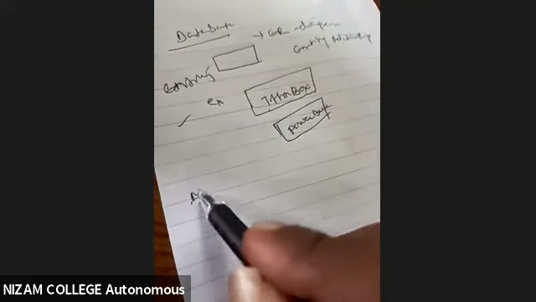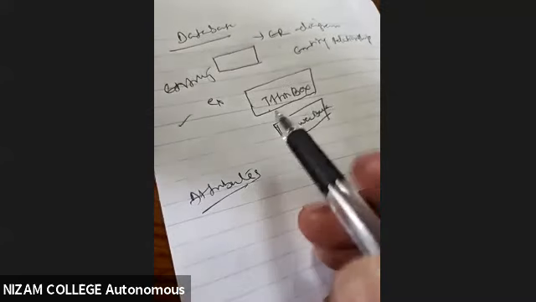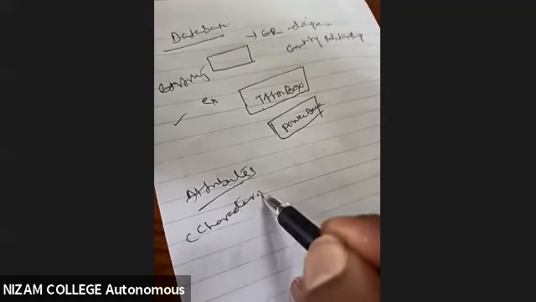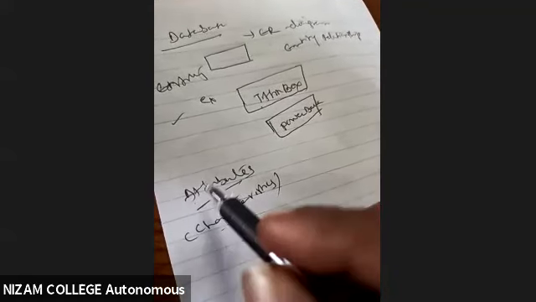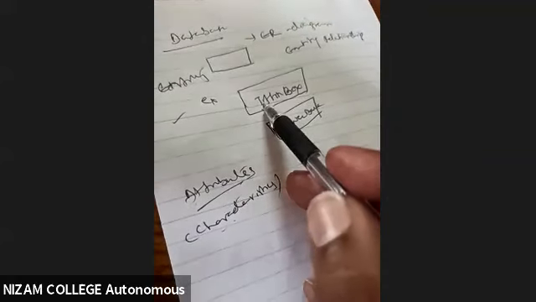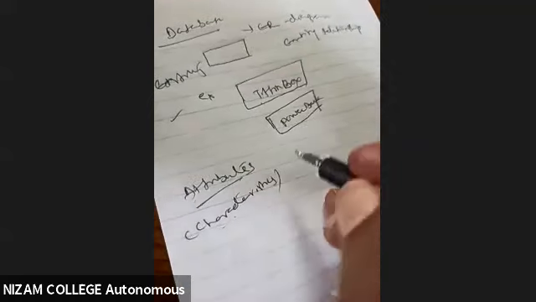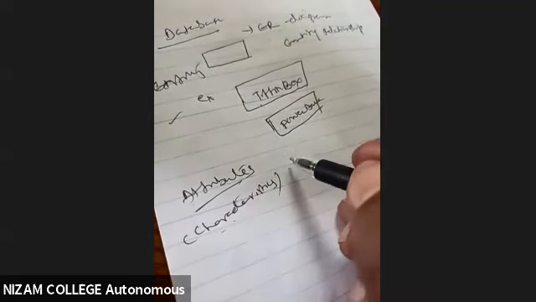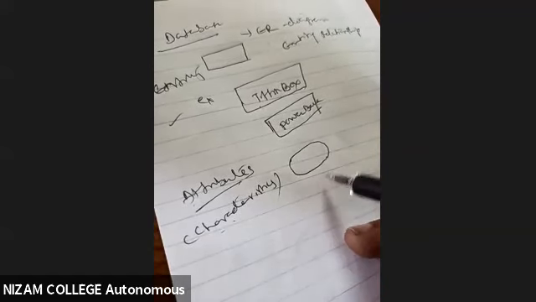Then I have to go with the attributes. For every entity, we have the characters. It is having some characteristics, some features. So if I take an entity of the tiffin box, what attributes can we have for the tiffin box? In DBMS, for attributes we are going to use something called an ellipse symbol.